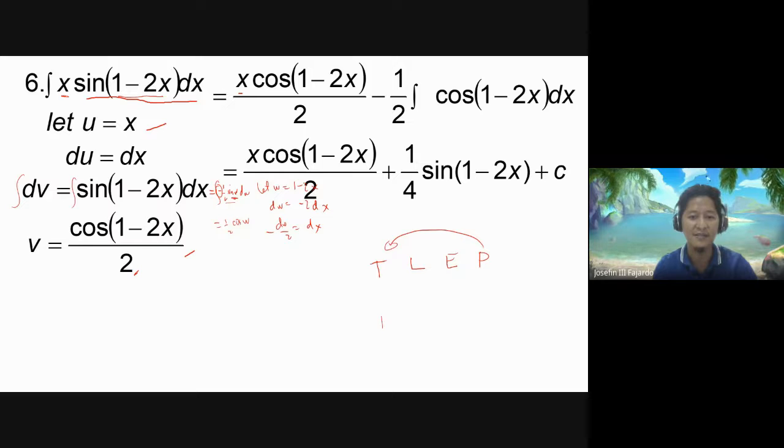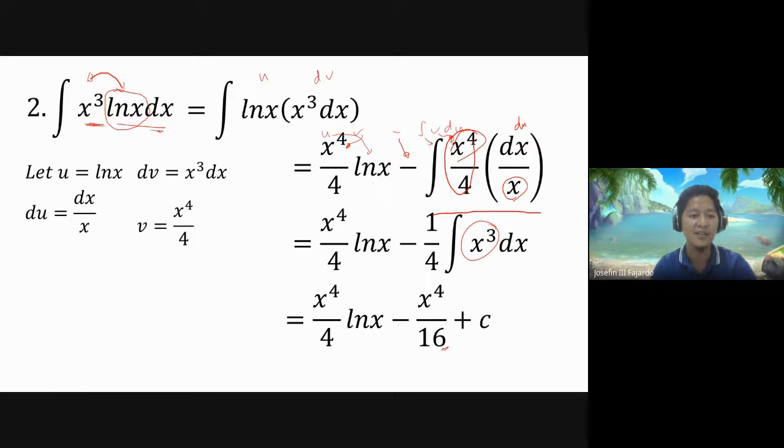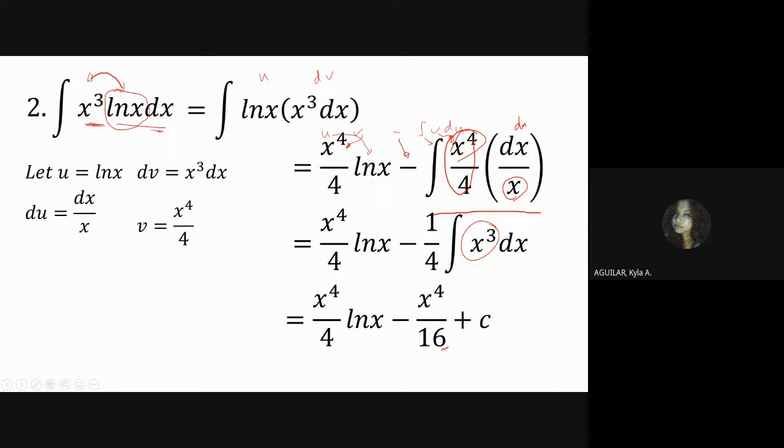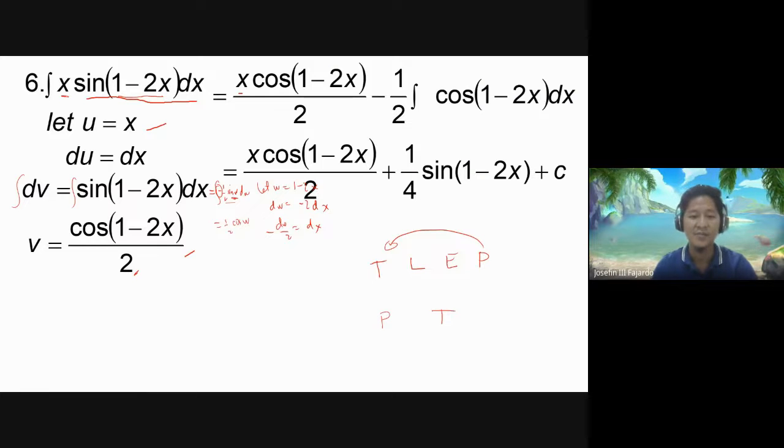So unahin natin si P, tapos si T dito sa una. Kaso, dun sa ating second example, mas malakas naman si logarithmic kay polynomial. Tama? Okay? So, mas mataas si logarithmic kay polynomial, so mas iuunahin natin si logarithmic.